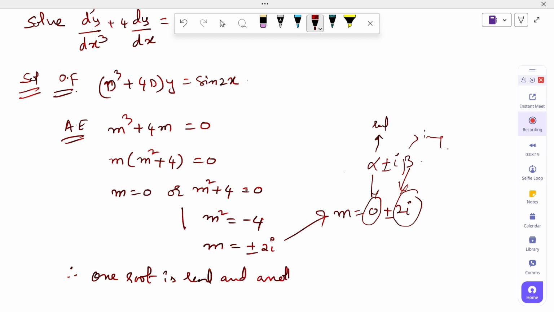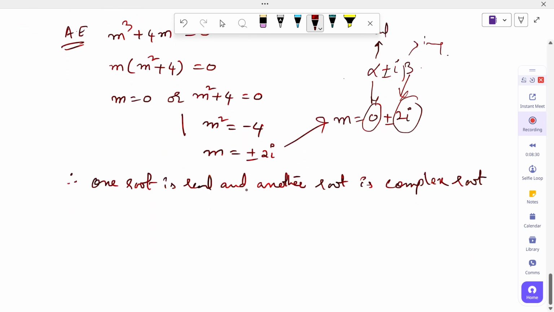the other root is complex. The complementary function is a combination of the real and complex parts. y_c is equal to c1 e to the power of m1 x for the real case.